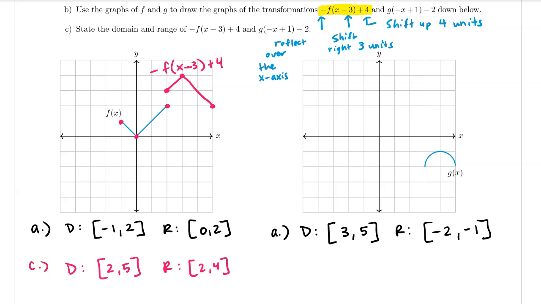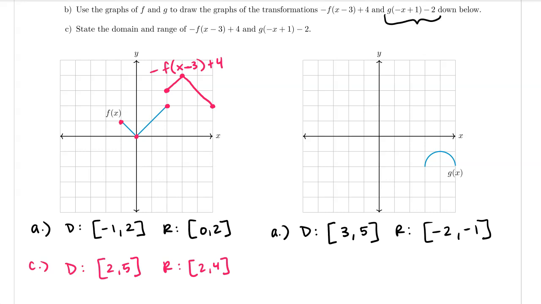Now we want to move on over to g of x. So what we want to work with is g of negative x plus 1 minus 2. However, something that you might notice is that this is not in the form that we have seen previously. And what do I mean by that? Well, the negative is not factored out.